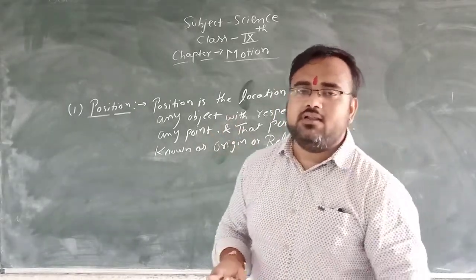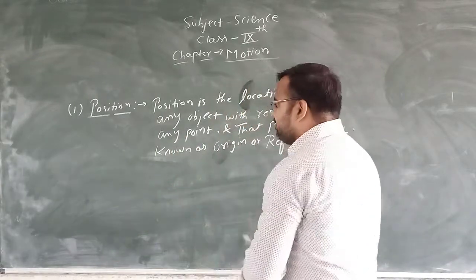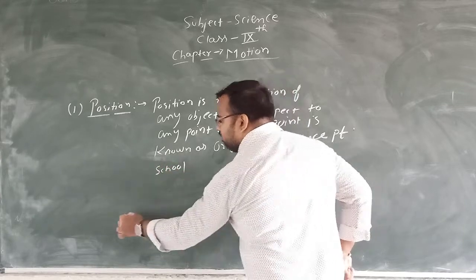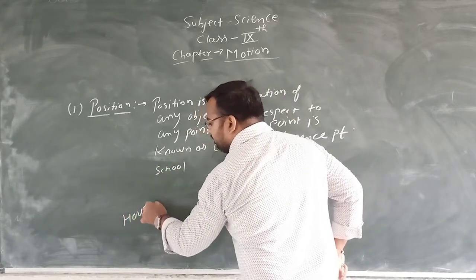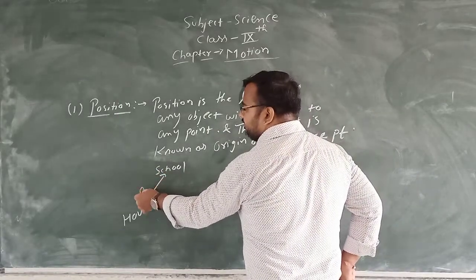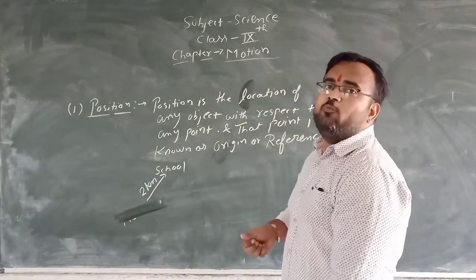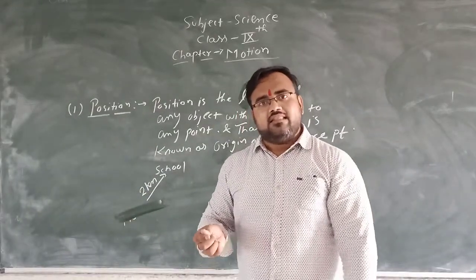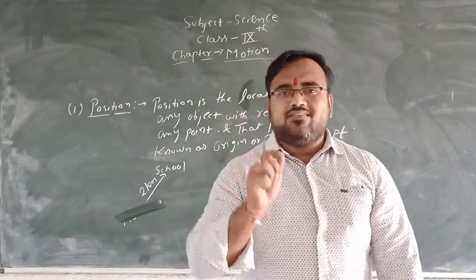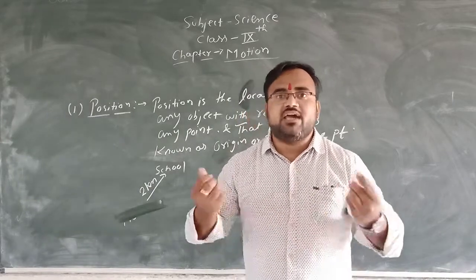We can understand the meaning of position by an example. For example, this is my school and my house. If I say my school is 2 kilometers away, then the question will be, from where?